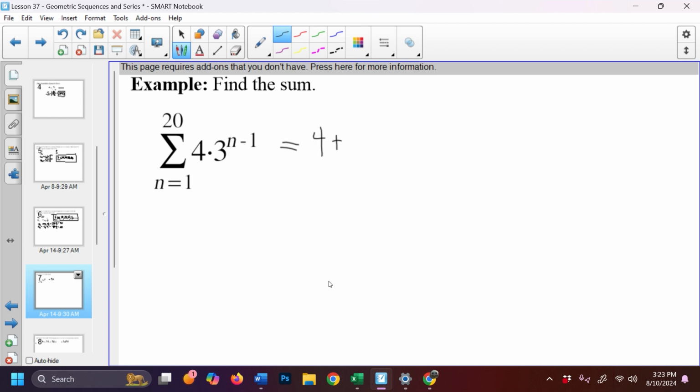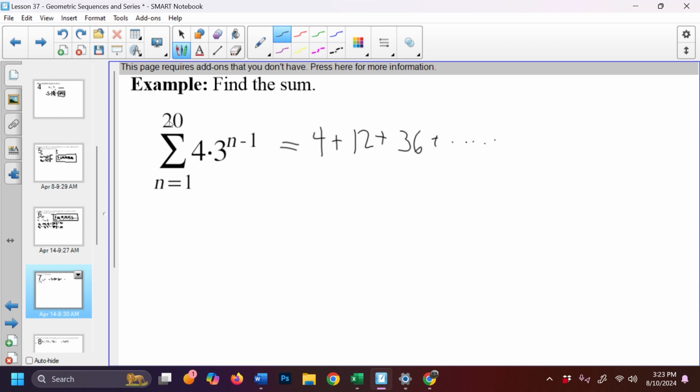We'll do the one more plus here. My next term will have an n equal to 2. 2 minus 1 is 1. 3 to the first is 3. 3 times 4 would be 12. And I can see that the remainder of these terms would be multiplying each successive term by 3. So 12 times 3 would be 36, and we would go on for 20 terms.